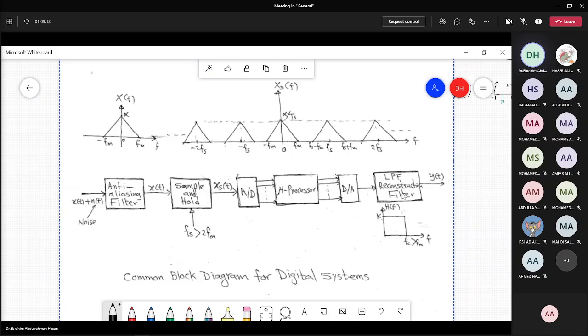Down here we need a low pass filter, which we call the reconstruction filter. Then we will get y of t. If f_s is greater than 2 f_max, then y of t equals x of t, provided that the filter reduces the noise n of t or distortion.